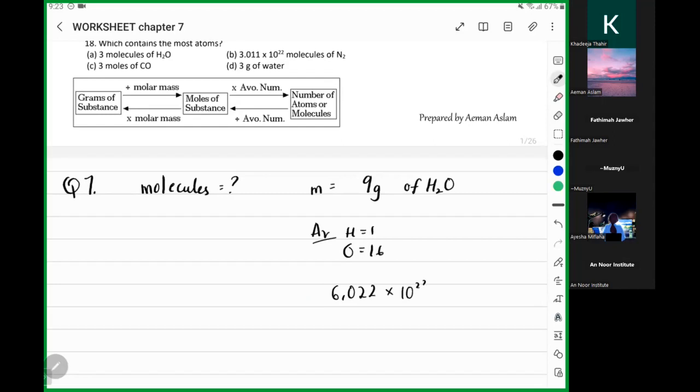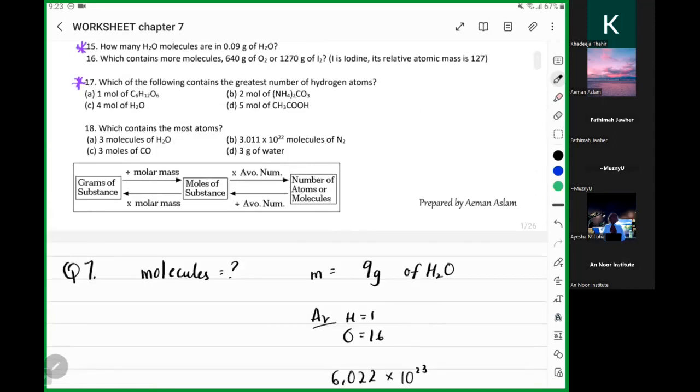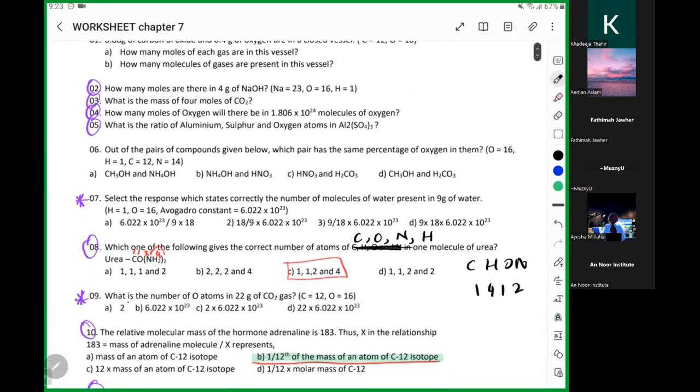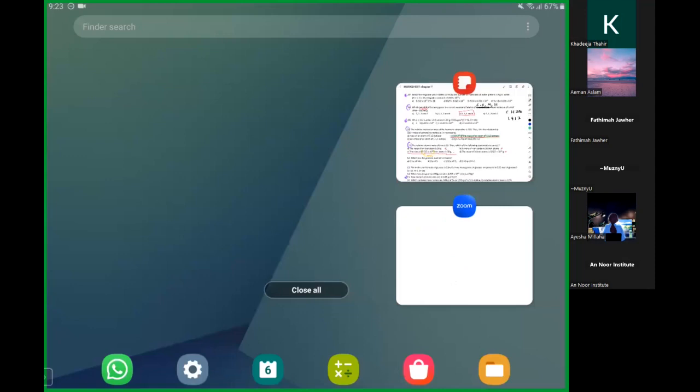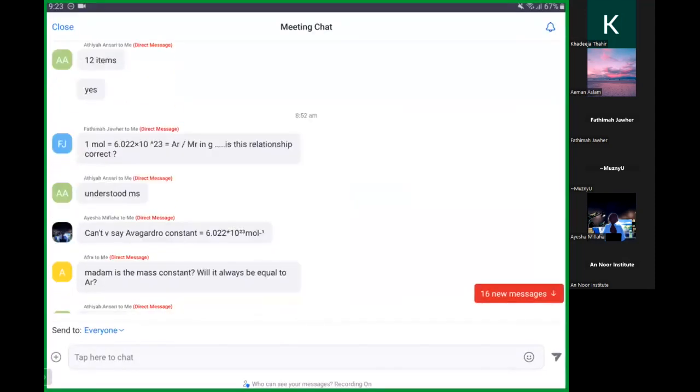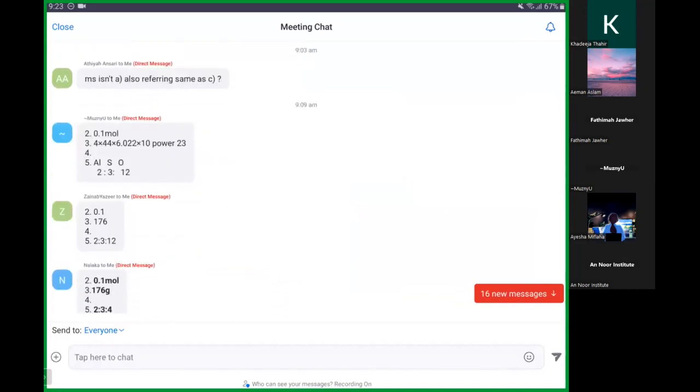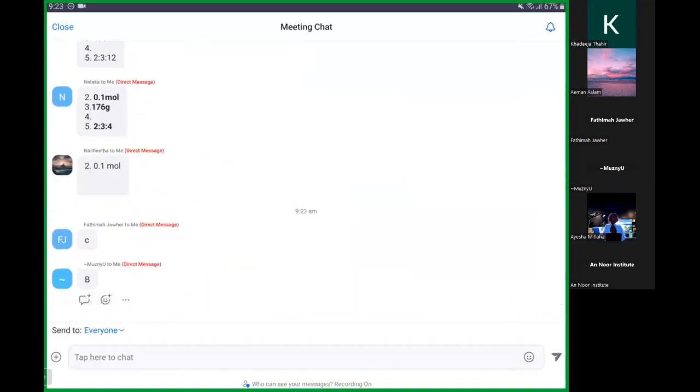Okay, you can drop your answers. This is an MCQ, right? Hurry, drop your answers to the chat box first. I want to see what you have got. Oh, there are so many answers. I'll check it later, okay?